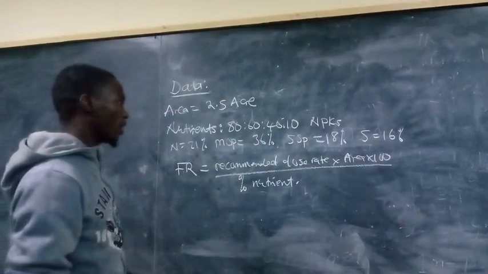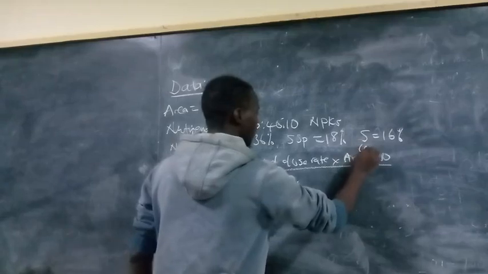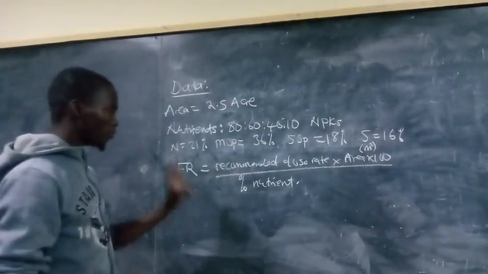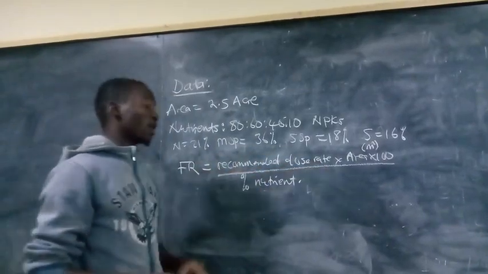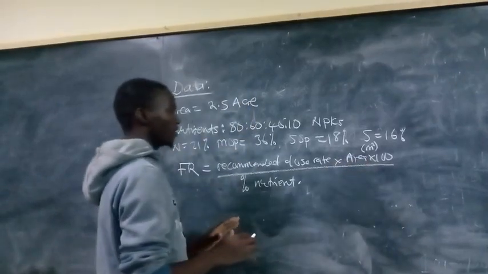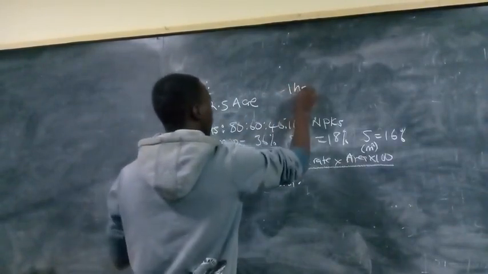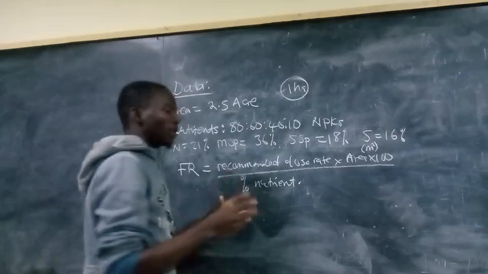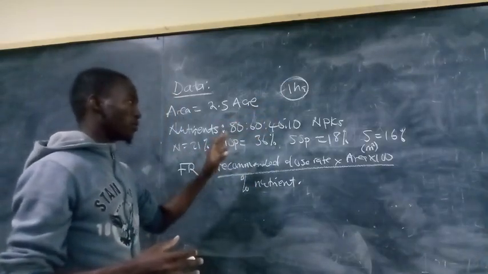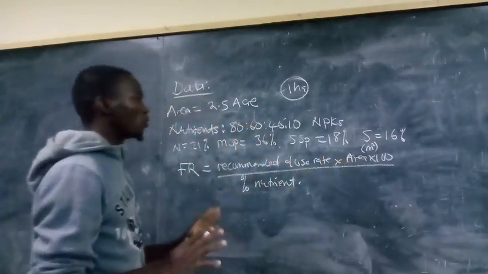Now we have to make sure that the area we are dealing with is in square meters. That's the unit for the area we're supposed to use. But when the area is given in hectare, let's say the question says it's 1 hectare, then you can just put 1 here.